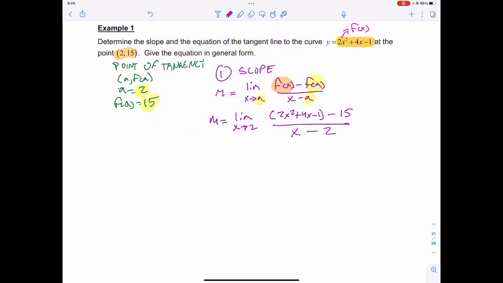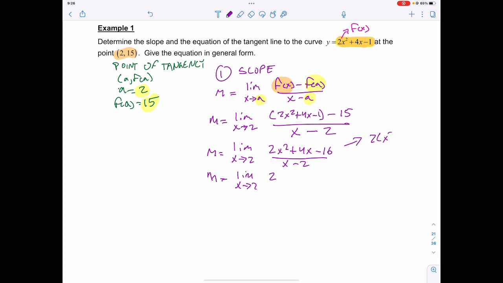When we combine them, the limit as x approaches 2 of 2x squared plus 4x, and negative 1 and negative 15 make negative 16, over x minus 2 is going to equal the limit as x approaches 2 of 2 times x squared plus 2x minus 8, and I can factor that one more step into x plus 4 and x minus 2.